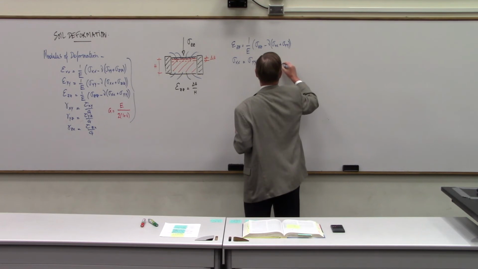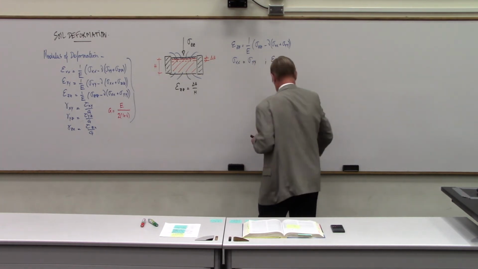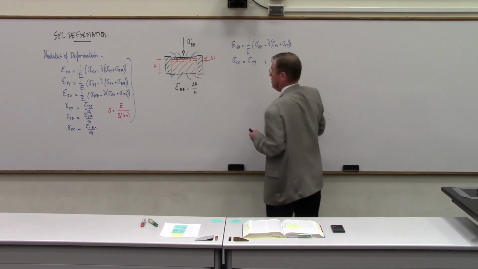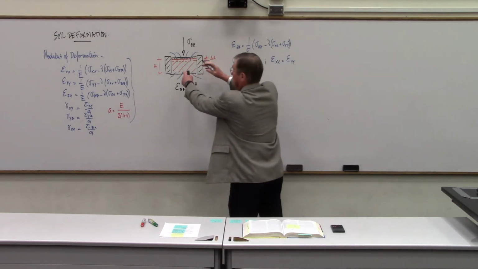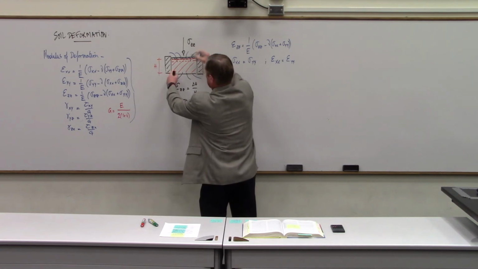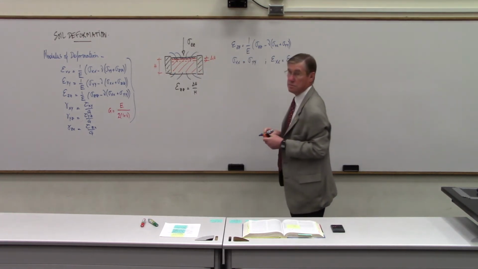Epsilon XX is equal to epsilon YY, and because the steel is not moving, that dimension doesn't change as I load the material, so these two are equal to 0. Okay?